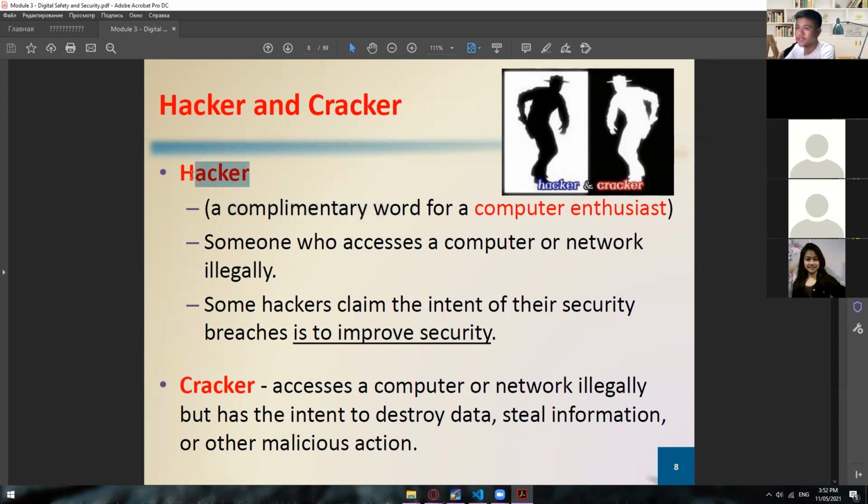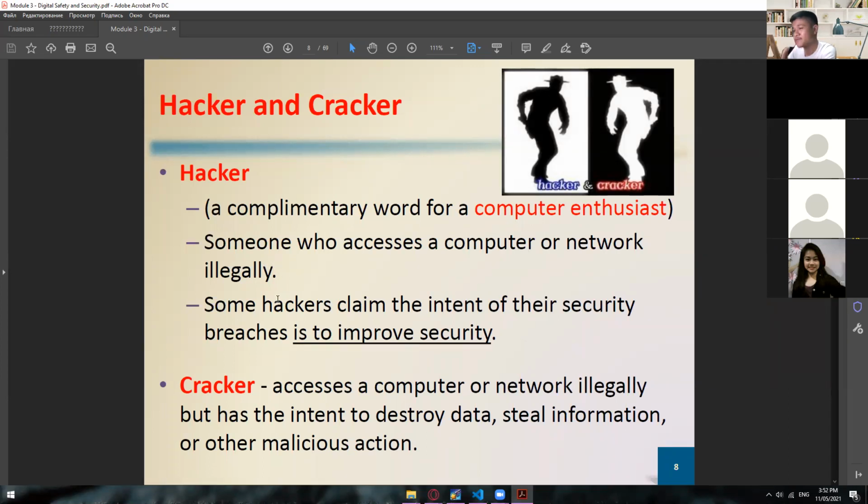Okay, so of course that person has the capability to access a computer or network illegally. But yeah, he can do that. But if that person doesn't have the intention to destroy, to delete, to damage, or to harm your computer, then I think it's okay, for monitoring purposes.